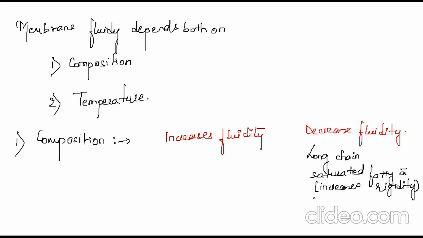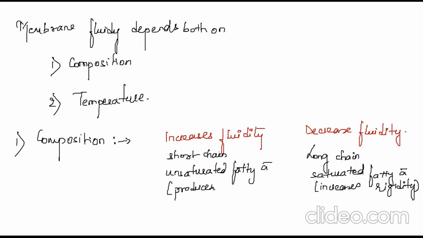The second is short-chain and unsaturated fatty acid. This produces a kink in the structure. I'll show you how it looks. Whenever a kink is produced in the structure, it interferes with the packing.